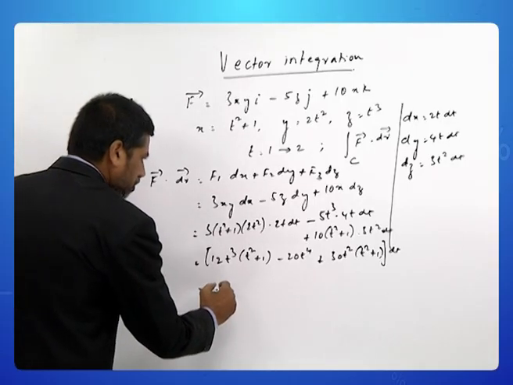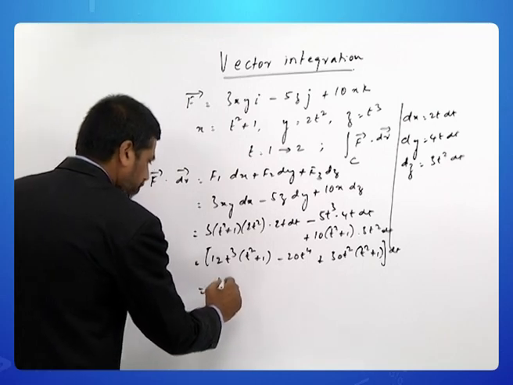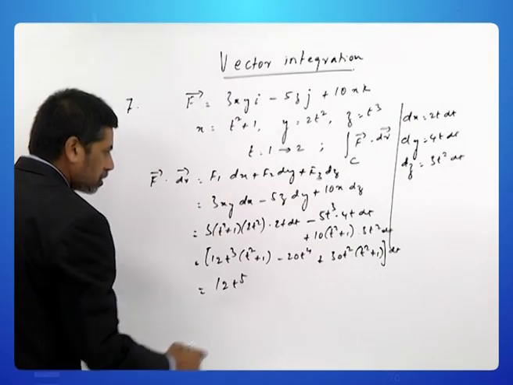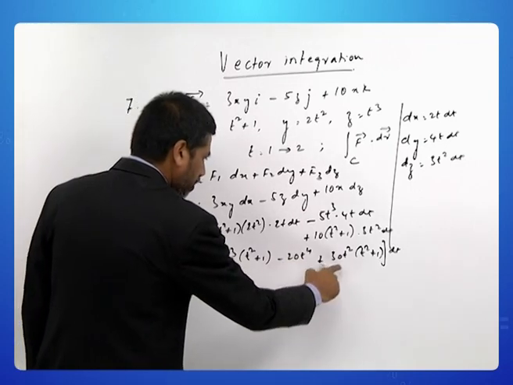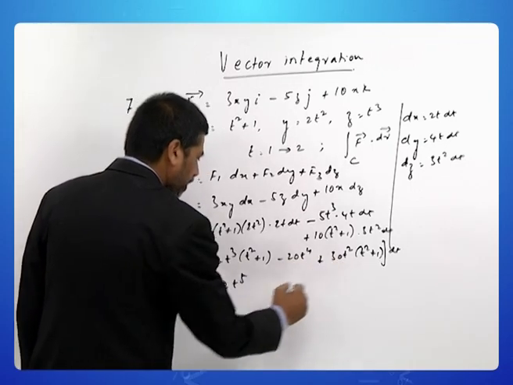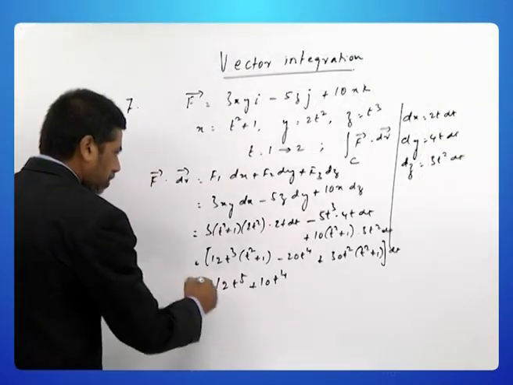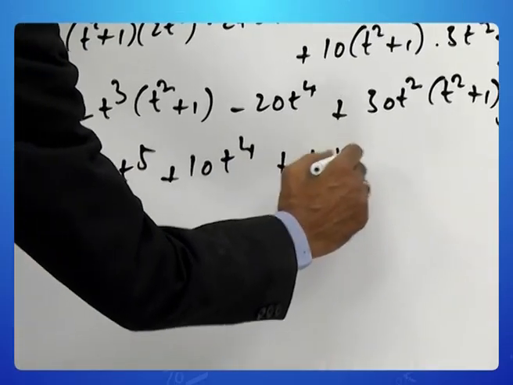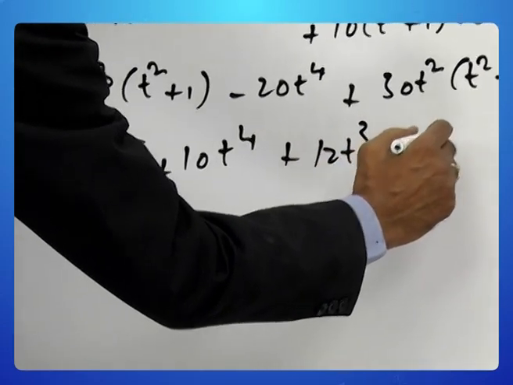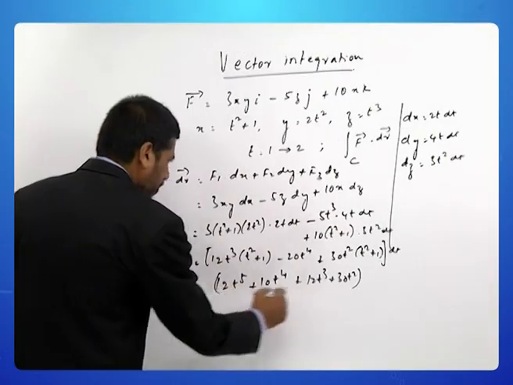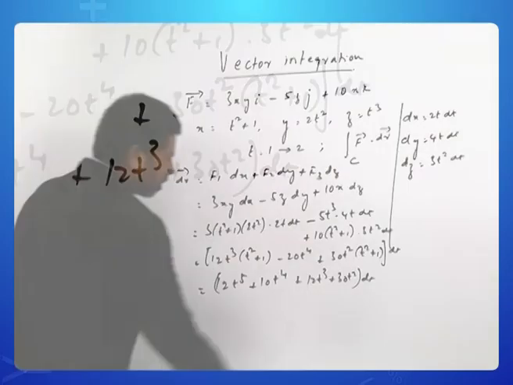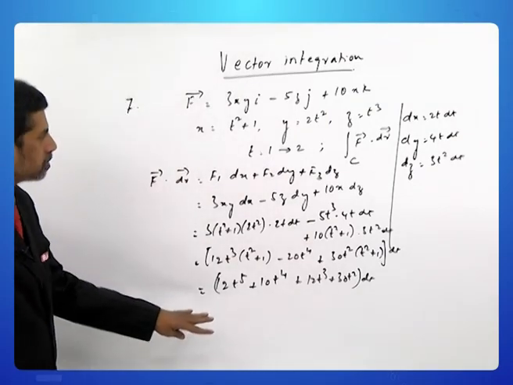So, this is 12t power 5, then t power 4 terms are coming here, minus 20 plus 10, that is 10t power 4, plus 12t cube plus 30t squared. So, it is now set for integration.